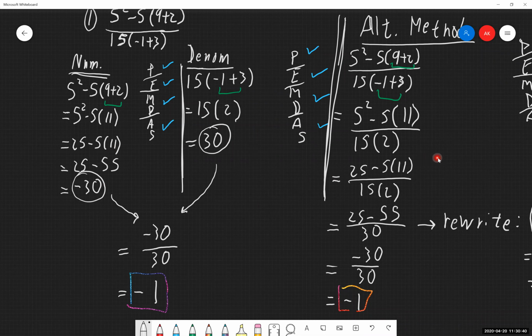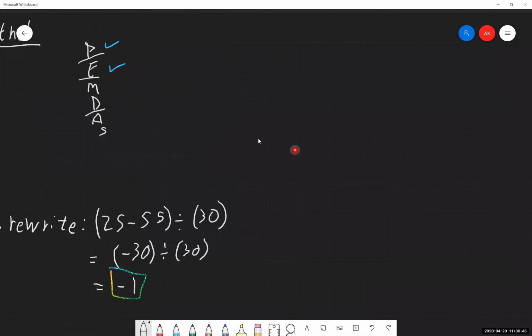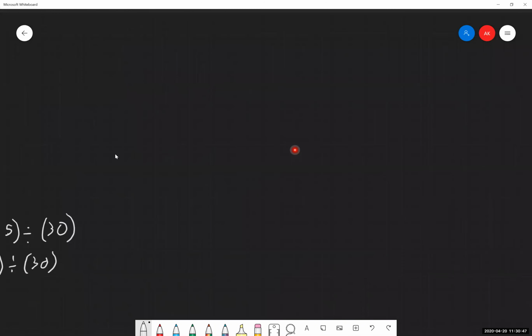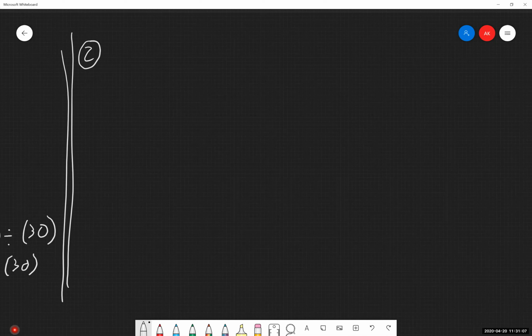So we're going to jump to our second example from this section. I'm only going to go through these with one method, just because of time and whatnot. Okay, so our second example, again, we're working with a fraction.